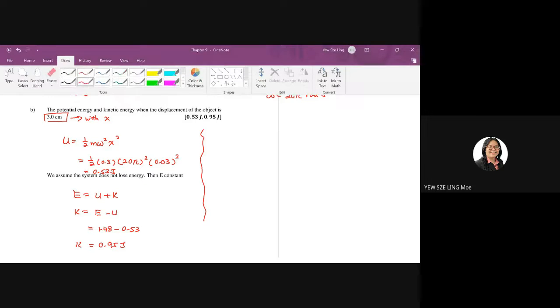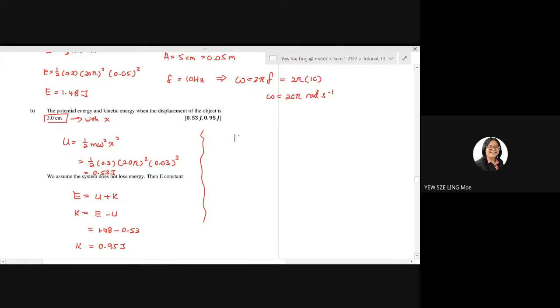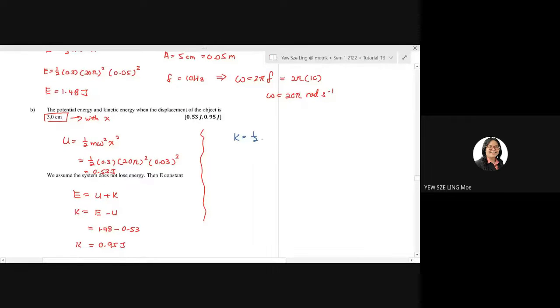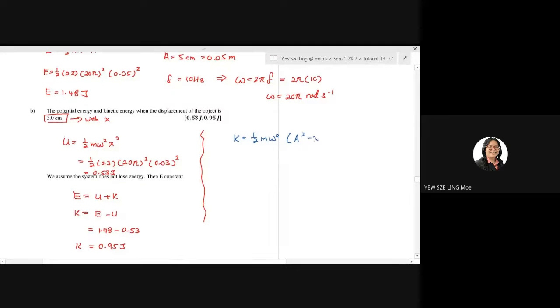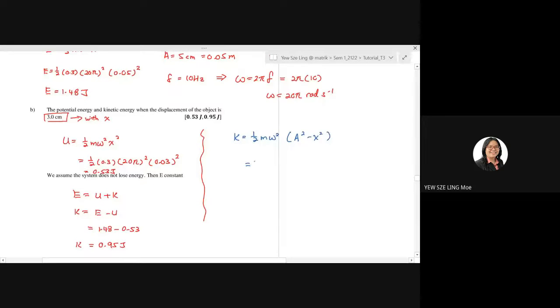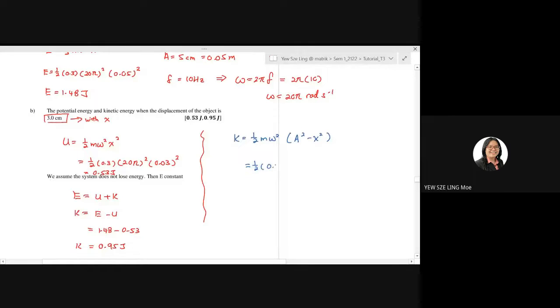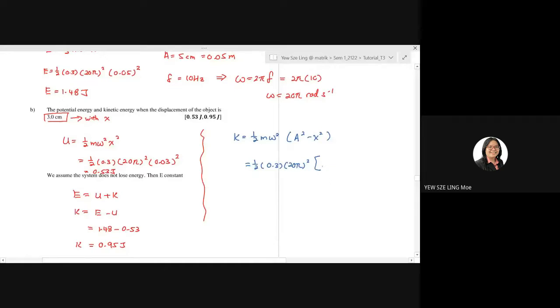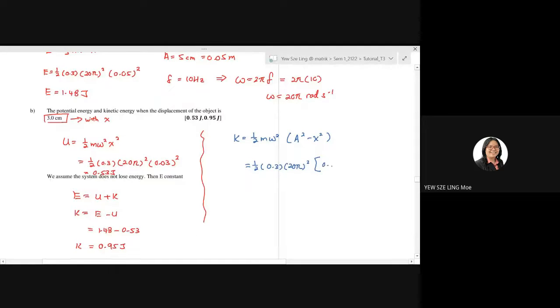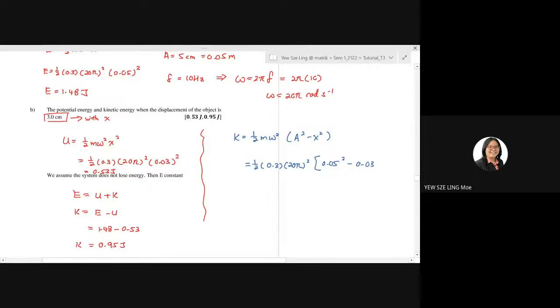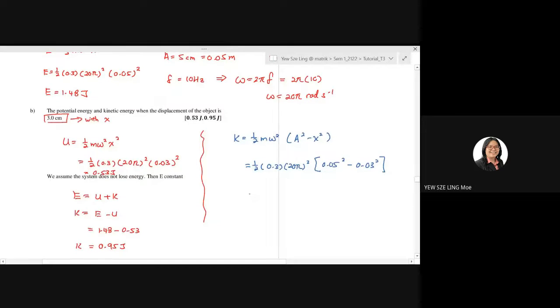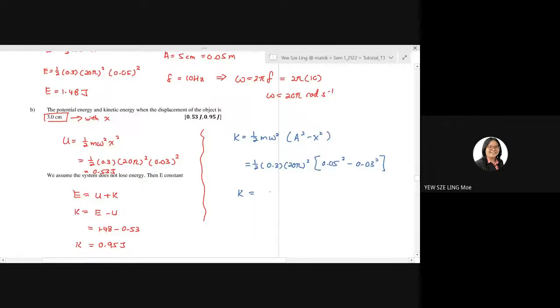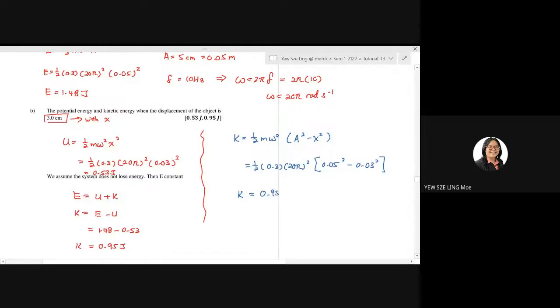If you want to calculate K first, K equals 1/2 m omega squared (A squared minus x squared), which is then equal to 1/2 times 0.3 times (20 pi) squared times (0.05 squared minus 0.03 squared), which is then equal to 0.95 joule.